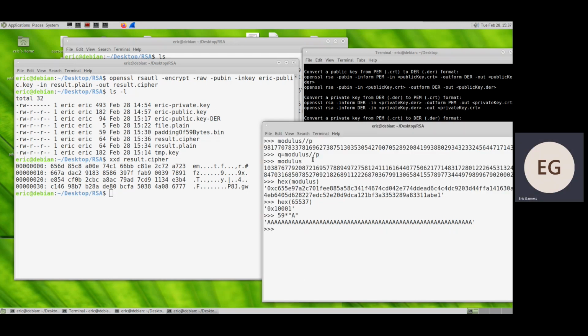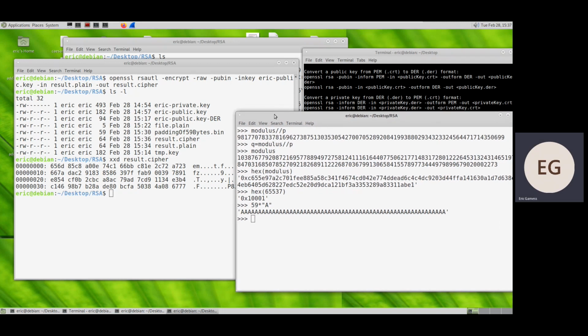So let me go back to Python. In Python, we have the modulus. What else do we need? We need the public exponent. The public exponent to encrypt, you remember, is 65,537.